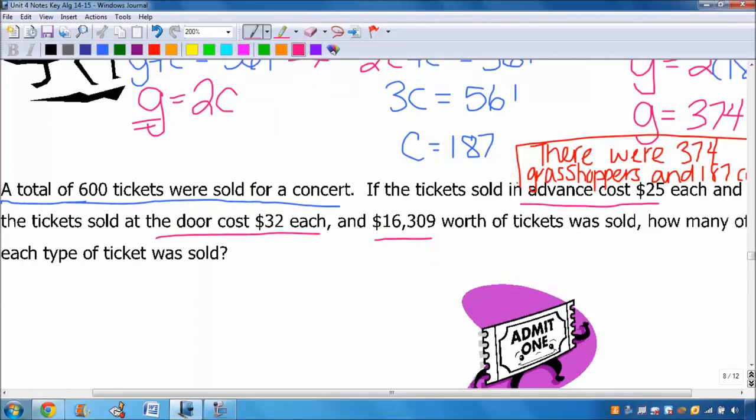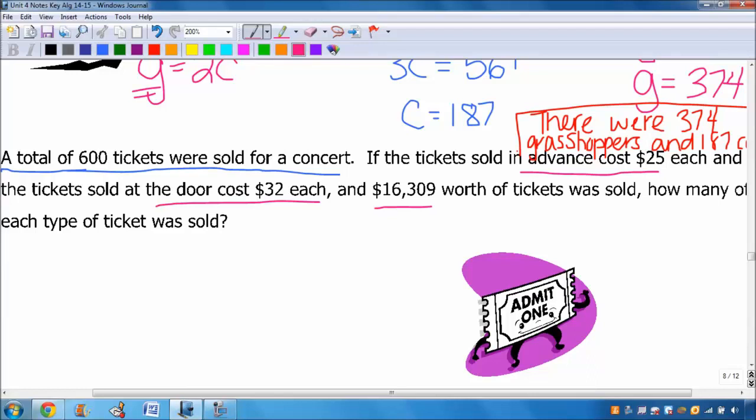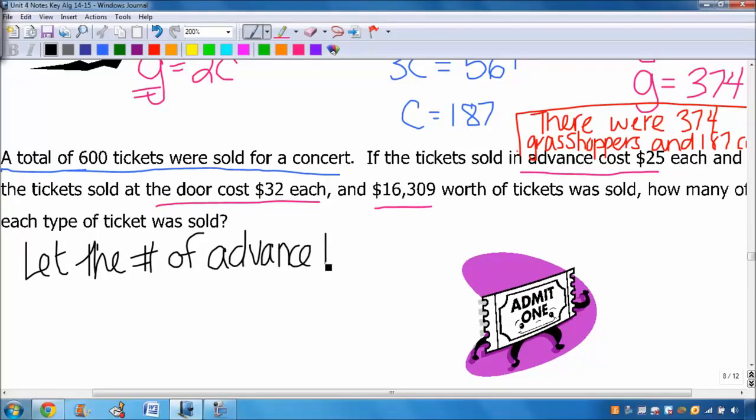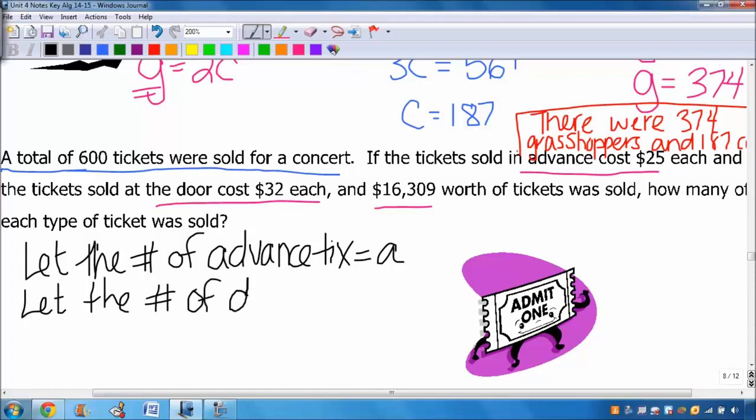So again, I gotta ask myself, how many things do I not know? 2. I don't know the number of advance tickets. So I'm going to say let the number of advance tickets equal A. Okay, and I don't know the number of door tickets, right?